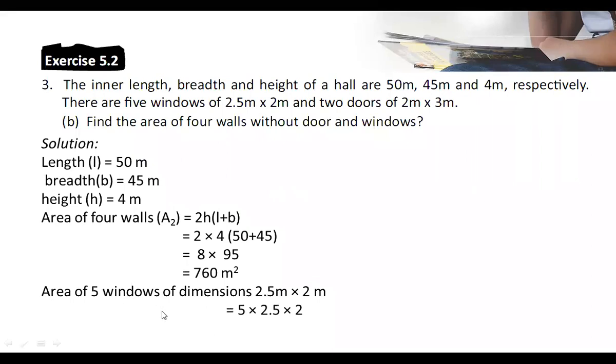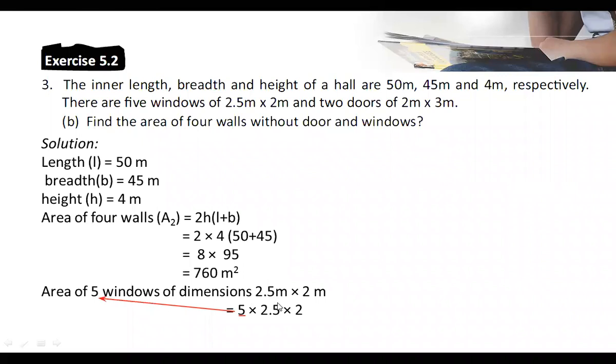Area of 5 windows is, this 5 is taken here because we have to calculate the area of 5 windows. Okay, because there are 5 windows. And the dimensions of the windows mean these are the length and breadth of the windows.